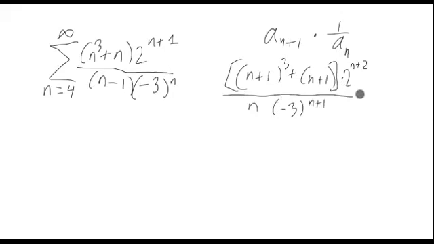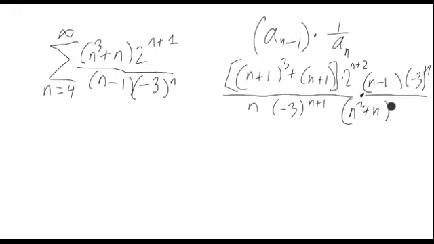Okay, so that's this first part. We just take this and plug in n plus 1. Now we just take this as is and take its reciprocal. So n minus 1, (-3) to the n, all divided by just this on the bottom, n cubed plus n, 2 to the n plus 1.